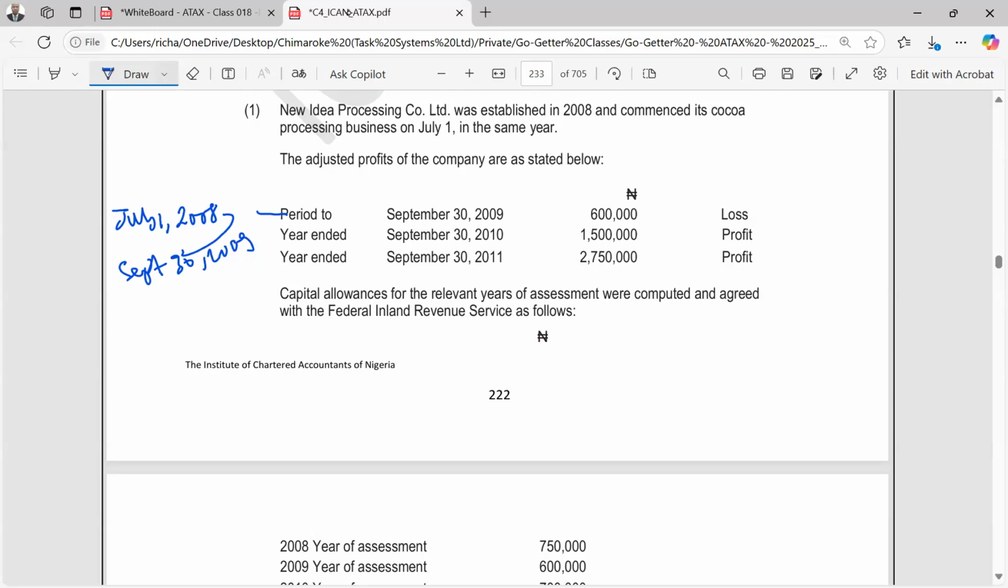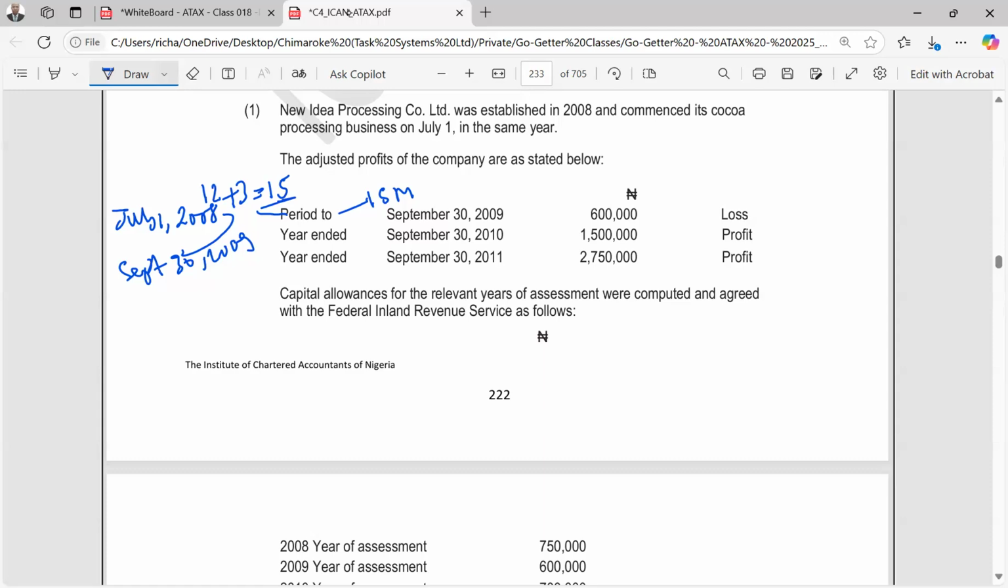So let's count from July 1, 2008 to June 30, 2009. It's going to be 12 months. Then from July to September, July, August, September, that's another 3 months. So that's going to be 15 months. So this period is a 15 months period.